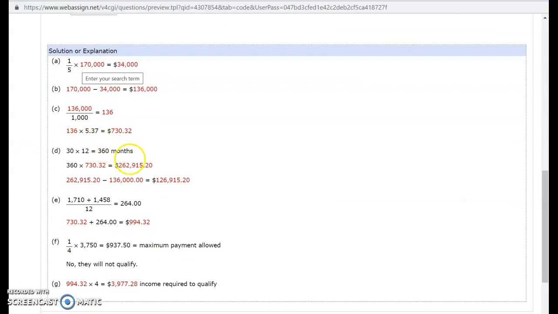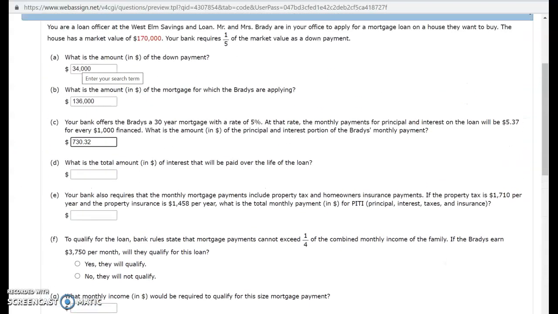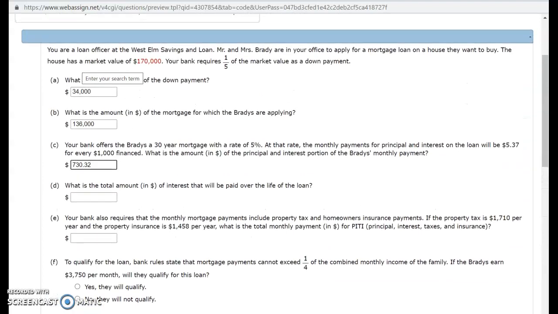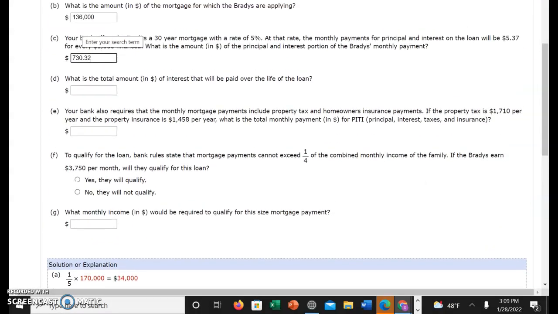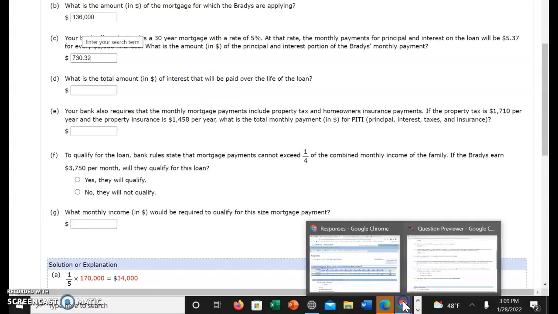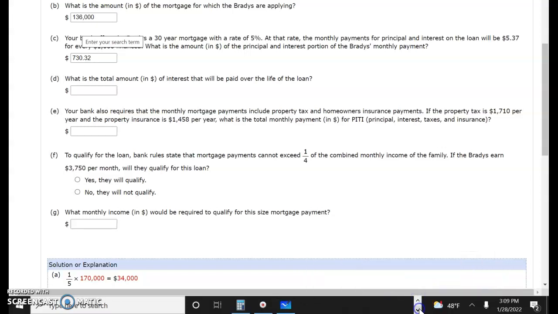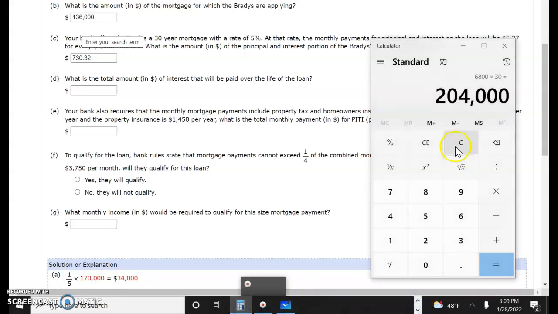All right, now we're going to do part D. What is the total amount of interest that will be paid over the life of the loan? Well, how much total time do we have here?